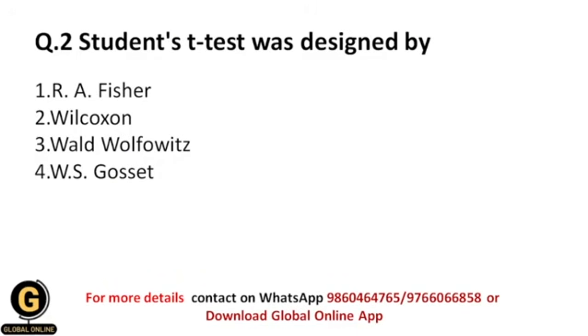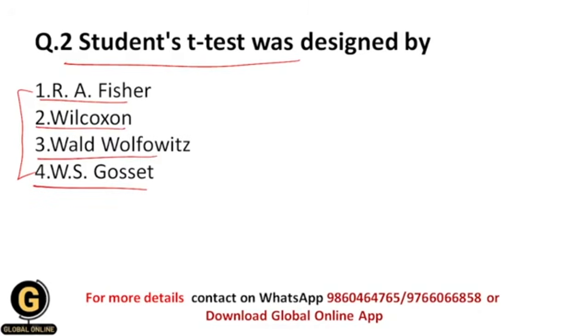Next, students, the t-test was designed by. Now here they have given the names of different scientists, and we need to find the name of the scientist who designed the Student's t-test. Whether it is R.A. Fisher, Wilcoxon, Wald Wolfowitz, or W.S. Gosset.